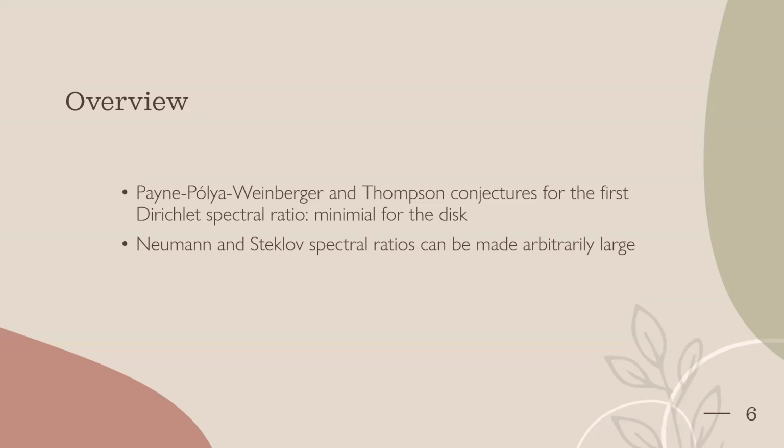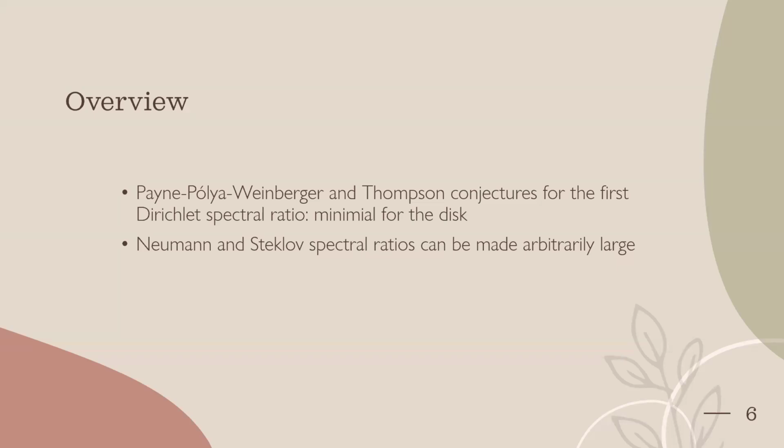For the Neumann spectral ratio and the Steklov spectral ratio, it was proven that it can be made arbitrarily large. So for the Neumann spectral ratio, to prove that it can be made arbitrarily large, we consider Cheeger dumbbells. So let's say we want to prove that lambda k plus 1 over lambda k is large.